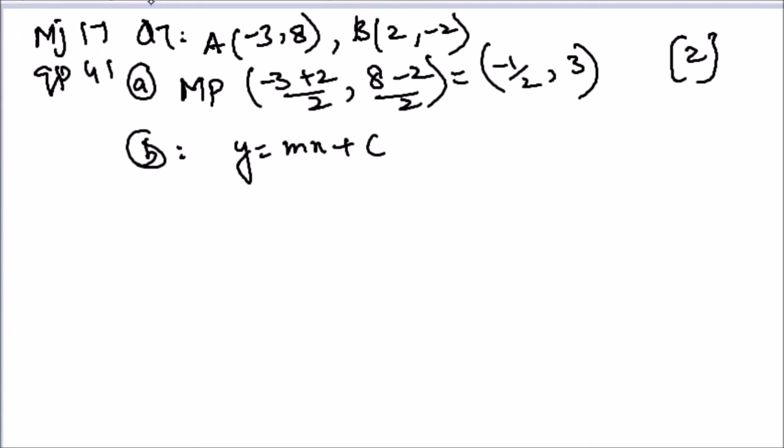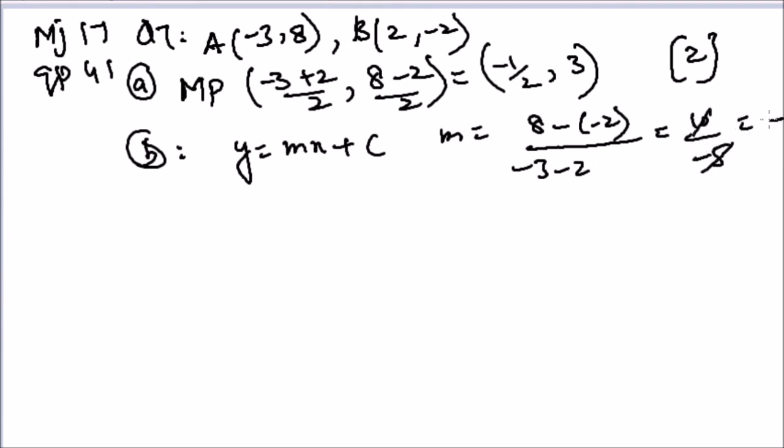M is 8 minus -2 over -3 minus 2, so it's 10 over -5, which is -2. Now y is equal to -2x plus c. Now how to find c? Input any of these two points, because the line is passing through them. Since the gradient is negative, the line will be in this form.